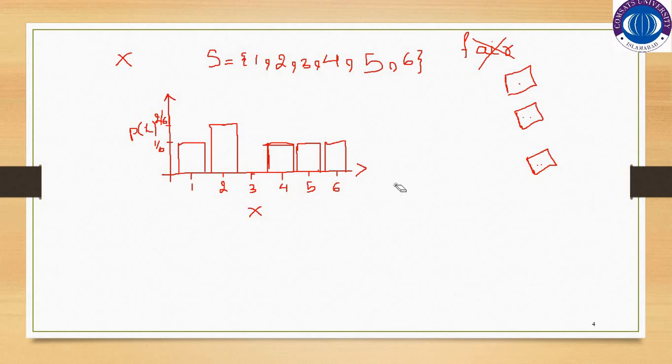So now this is the probability mass function for this particular unfair die, but this is no longer uniform. For the case of discrete uniform distribution, each possible outcome should have equally likely chances of occurrence.